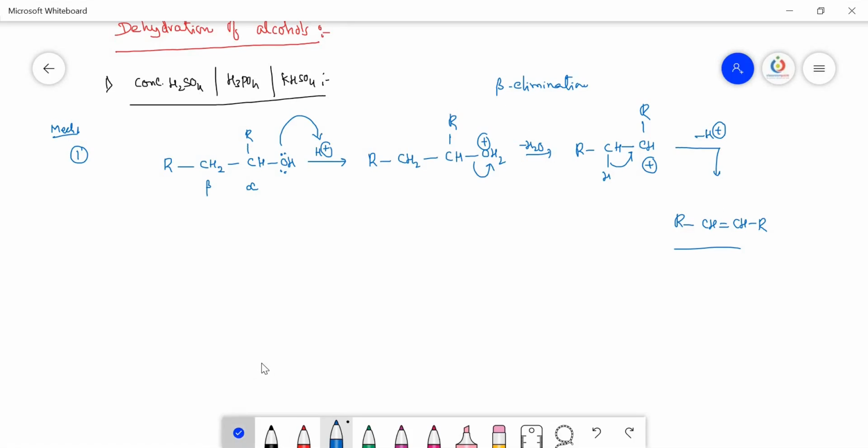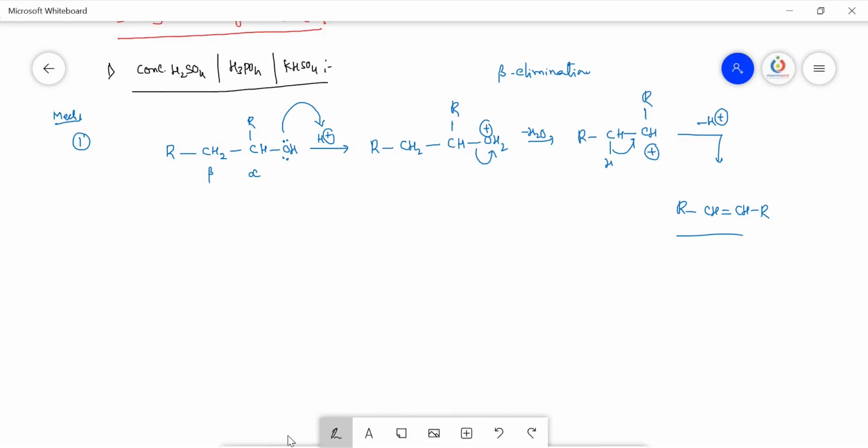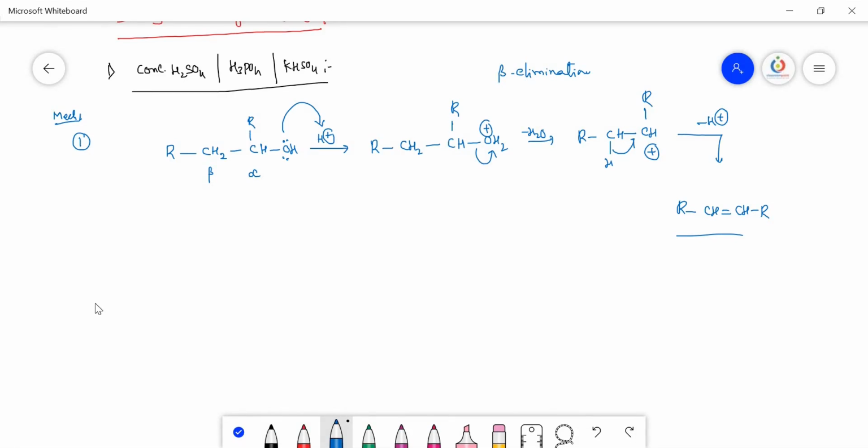Okay. Now the same reaction I'll explain with another mechanism. R, CH2, CH, R, OH. First of all H plus, same protonation first step, so that R, CH, CH, R, OH2 plus.